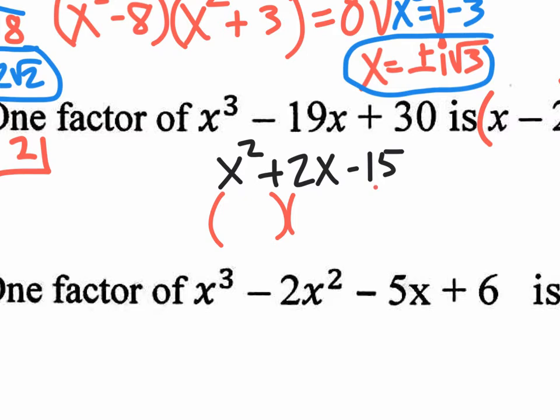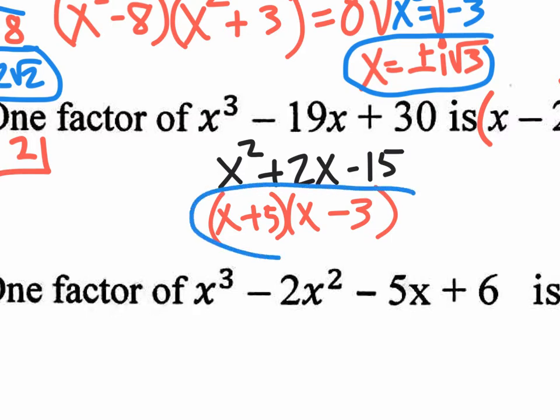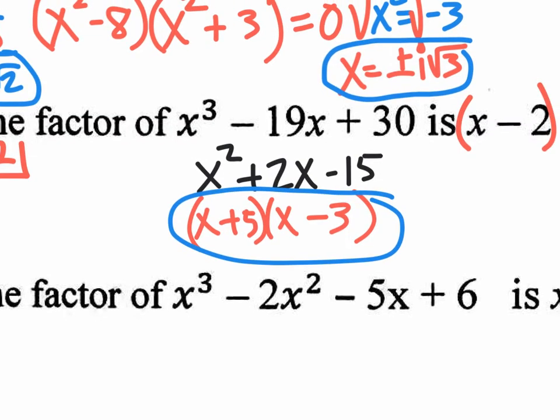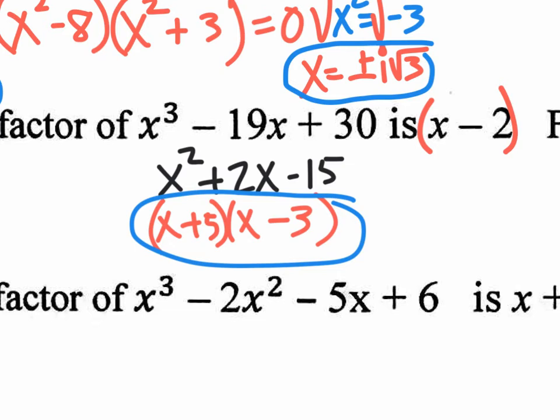So when we continue factoring, what times what is negative 15, that if I combine together is positive 2, that would be a plus 5 times a minus 3. So when they say find the other factors, these are the other factors. They already gave you one of them. They gave you this one, and all 3 of them are completely factored of the original. But they gave you one of them. You use that with synthetic division to find the others.